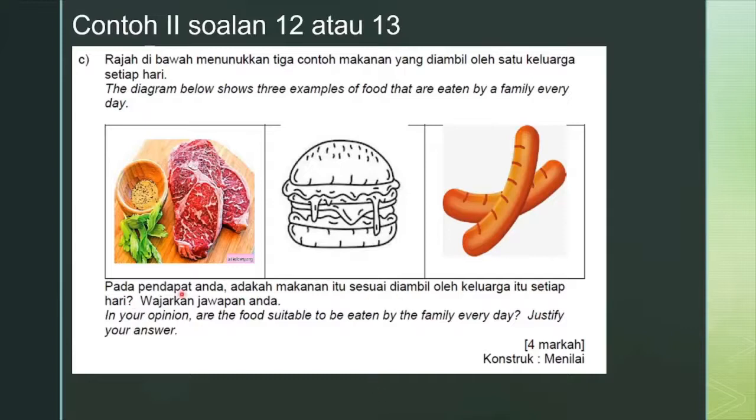Okay. Pada pendapat anda, adakah makanan itu sesuai diambil oleh keluarga tersebut setiap hari? Wajarkan jawapan anda. In your opinion, are the foods suitable to be eaten by the family every day? Justify your answer. Ini menguji dari segi konstruk menilai, 4 markah.